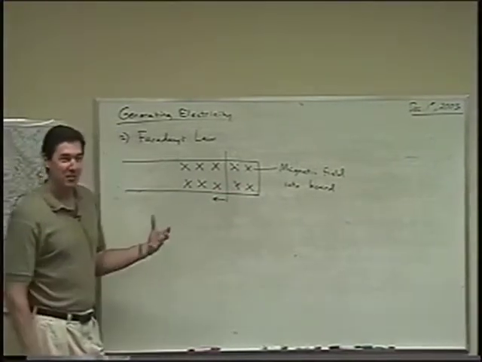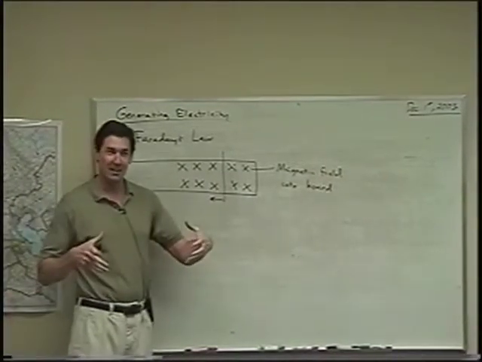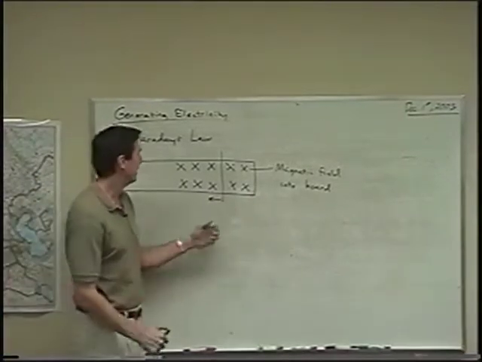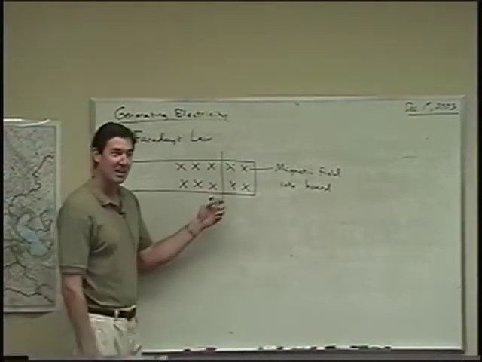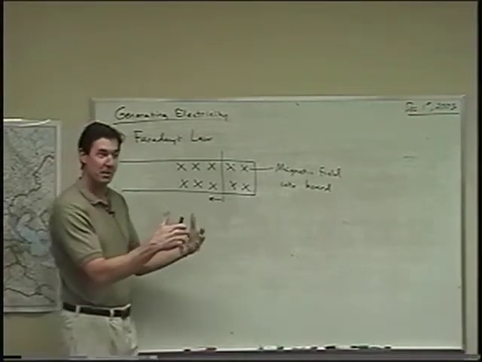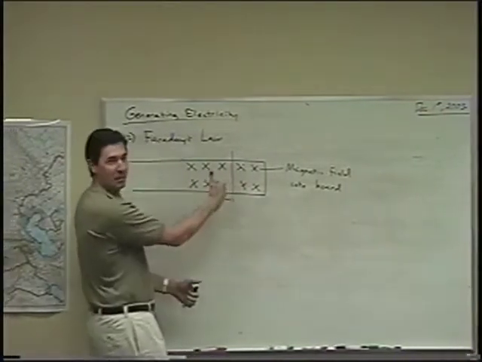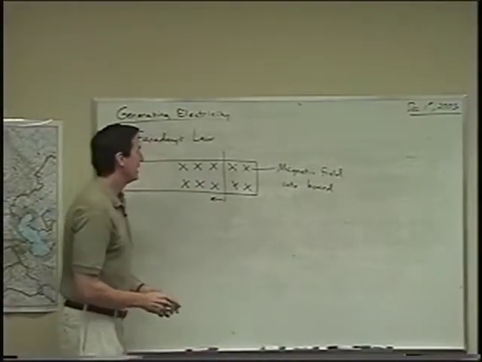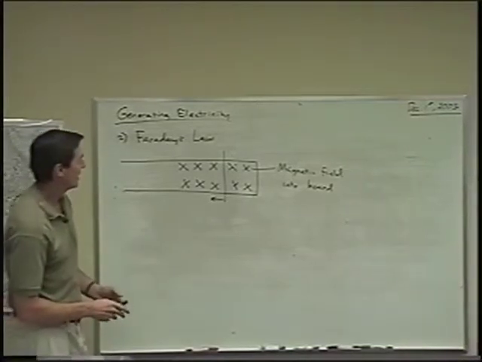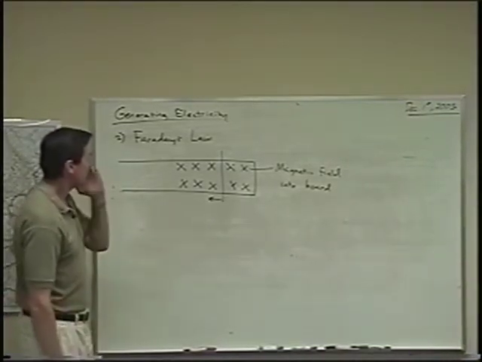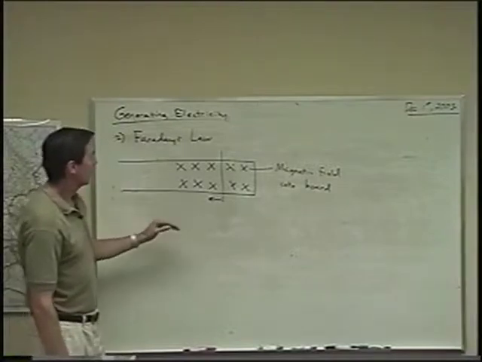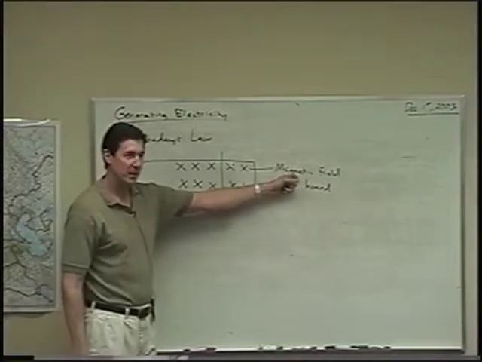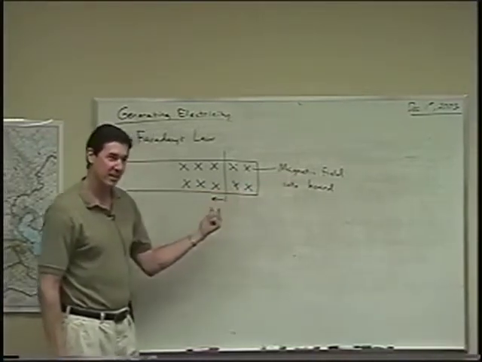If you make the loop bigger, so there's more magnetic field going through the loop just because there's more area, that also changes the total amount of field going through the loop, and a current will be induced to oppose that change. So the key thing here is not just the strength of the magnetic field, but also the area of the loop.